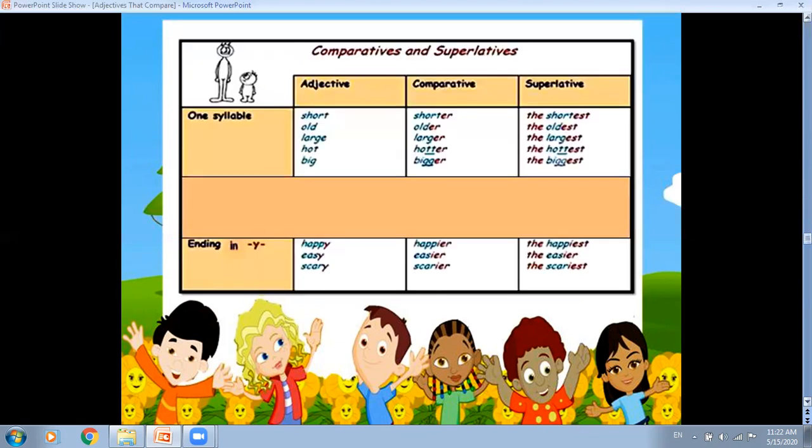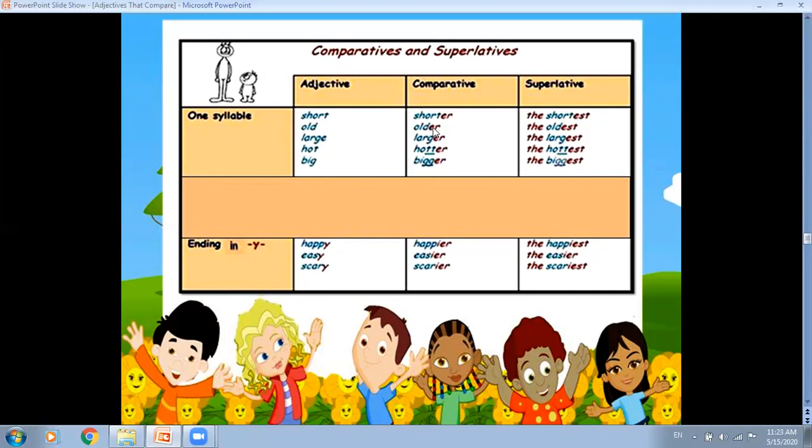Now let's read some examples. In here I have some adjectives and I have to put them in the comparative form and the superlative form. Let's start. Short, shorter. And we have to put than, shorter than, okay? And in the superlative form, it is the shortest. Here I have to add ER in the comparative and EST in the superlative. See? Easy peasy.